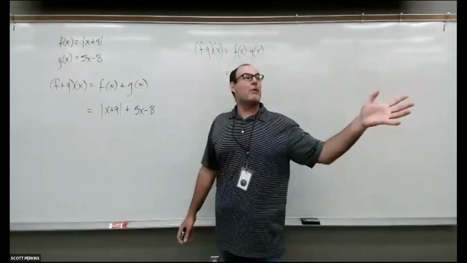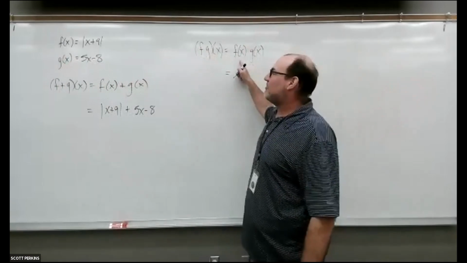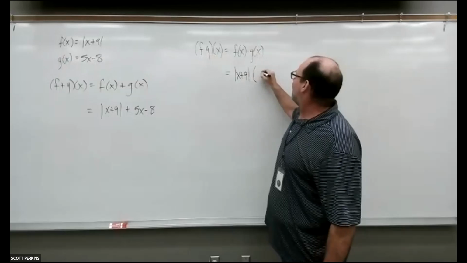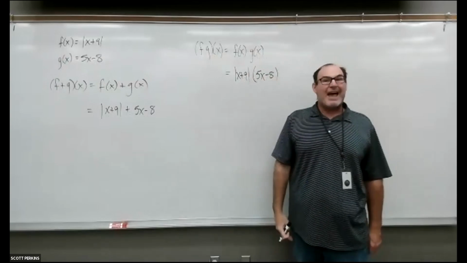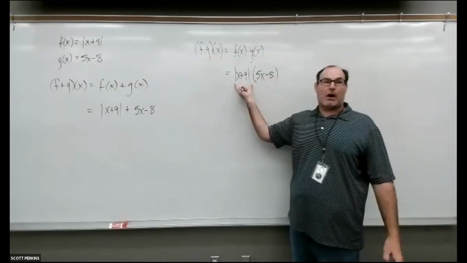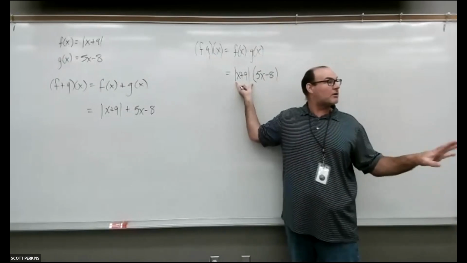Again, I want to intervene here in case you are tempted to overthink this problem. So f of x is absolute value of x plus 9. g of x is 5x minus 8, which I'm going to put in some parentheses because of order of operations, and you're done. Again, you can't FOIL these because these are an absolute value. Absolute value takes precedence over multiplication, so you leave it.